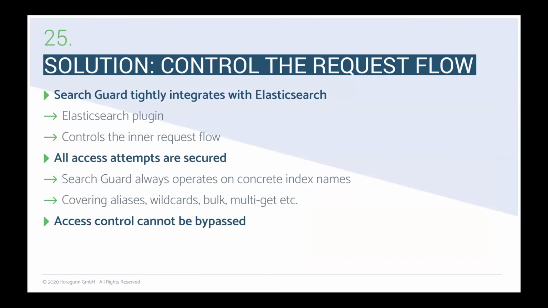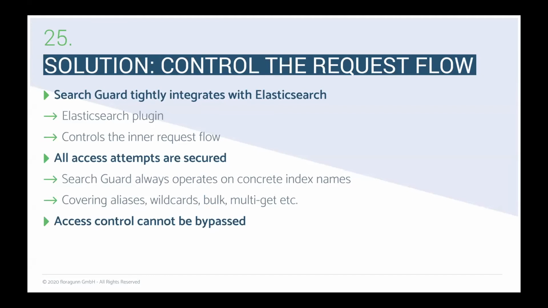So since SearchGuard is an Elasticsearch plugin, we tightly integrate with the inner request flow of Elasticsearch, which means that we inspect all the requests that are coming in from outside and that are distributed inside the cluster.